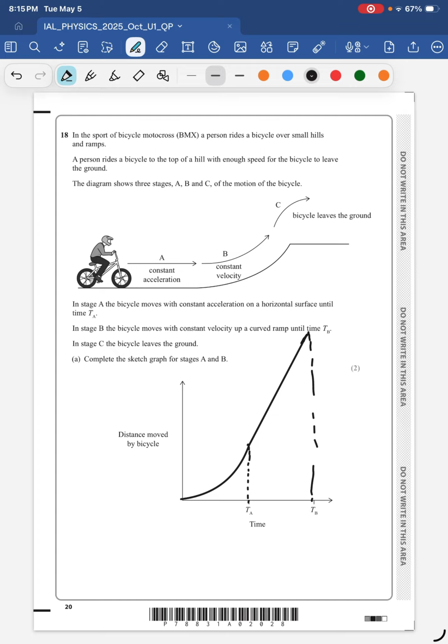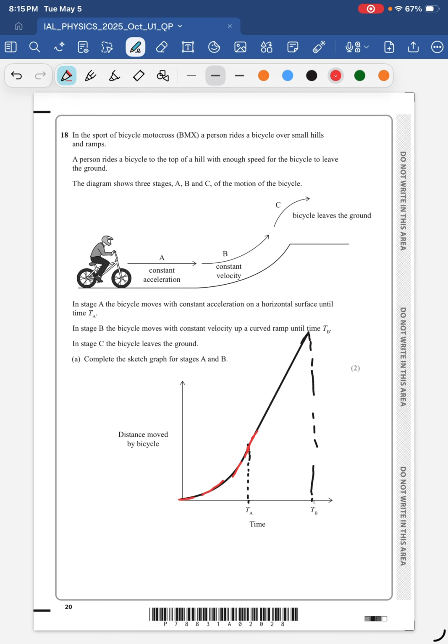So something like that. What I'm trying to say is that the gradient gives the velocity, right? So the velocity is 0 in the beginning, then it increases, and then whatever the velocity was at ta, it's going to be the same at tb. So we continue with that gradient. So this is what I'm trying to sketch there.